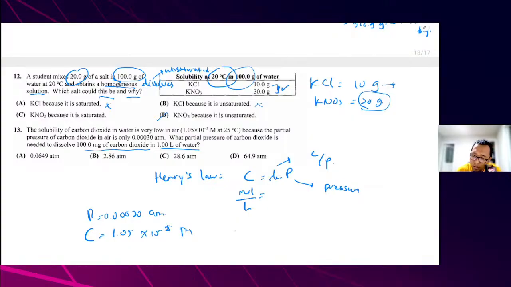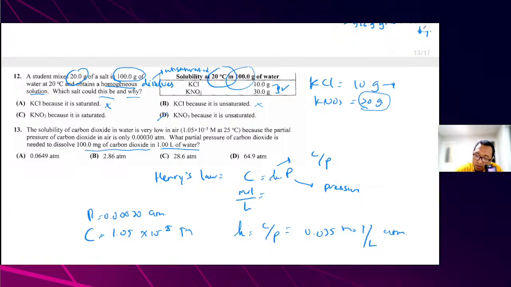Now we need to take a look at K. The constant K is C divided by P, so it's around 0.035 mole per liter atm. Now we want to dissolve 100 milligram of carbon dioxide in 1 liter of water.